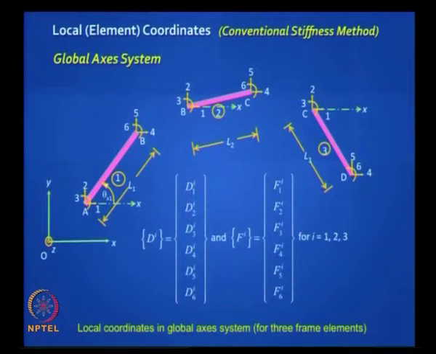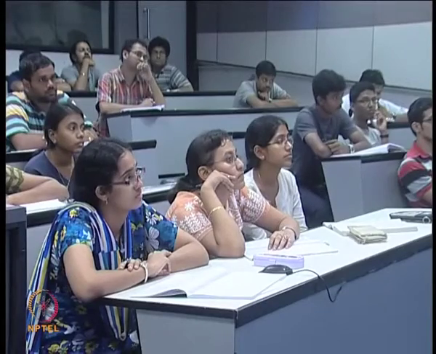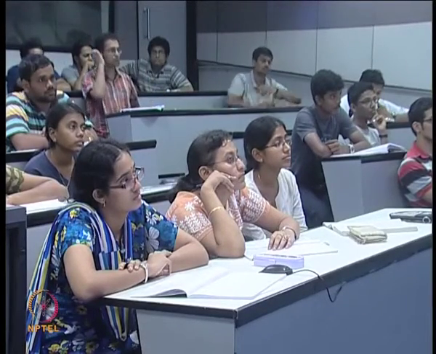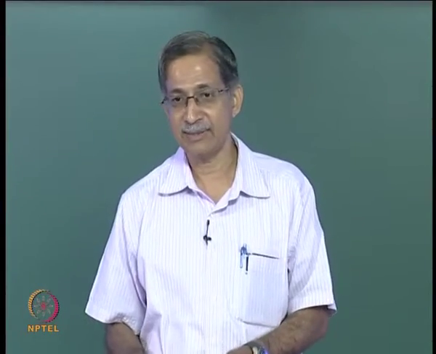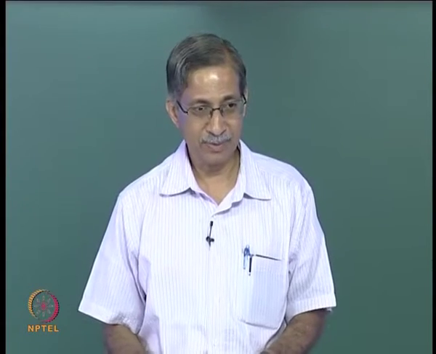That star is missing, the asterisk is missing. Have you understood? Now all we need to know is how to switch from the local axis system to the global axis system, and then the job is done. Okay, how do we do that? Let us take a look.